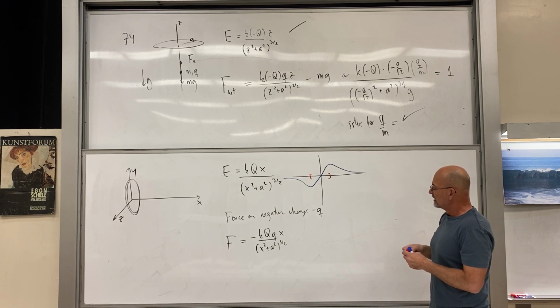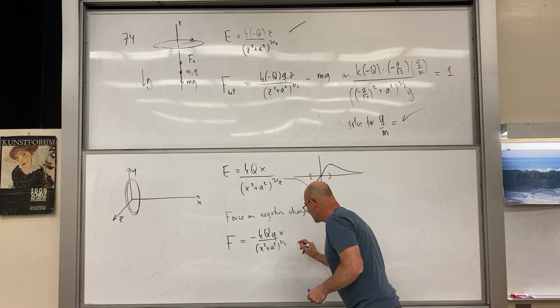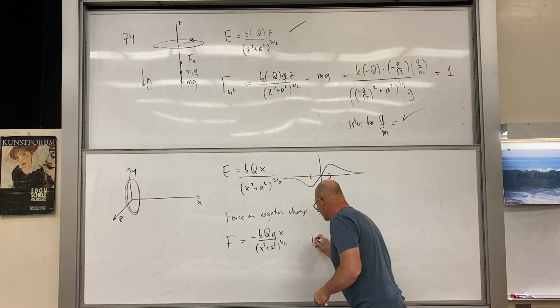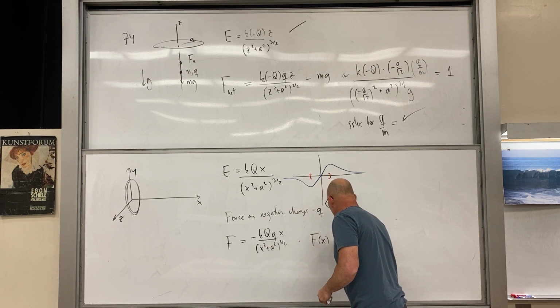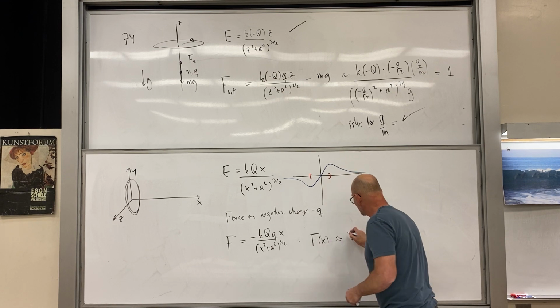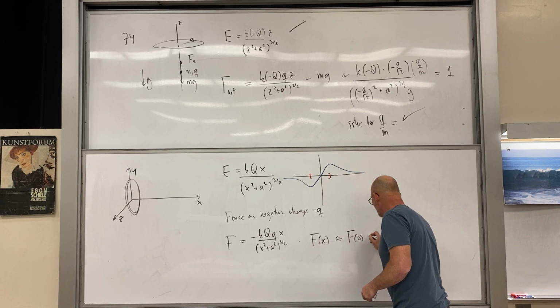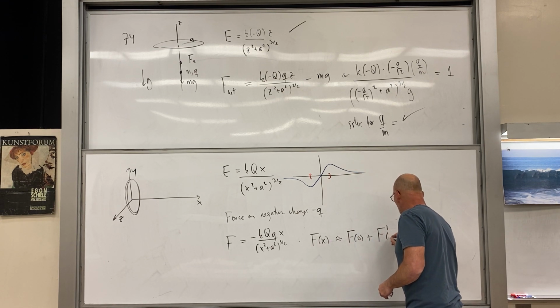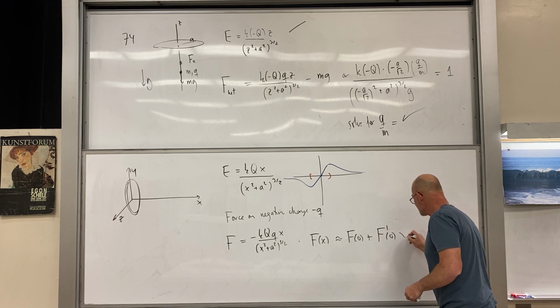Okay. So now here's something that we did the other day. We're going to take f of x approximately equal to f of 0 plus f prime of 0 times x.